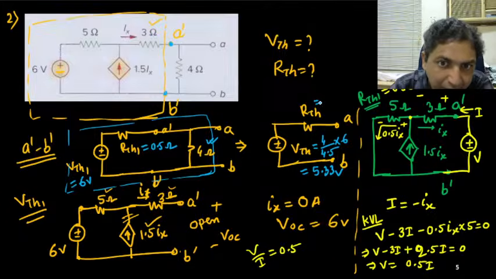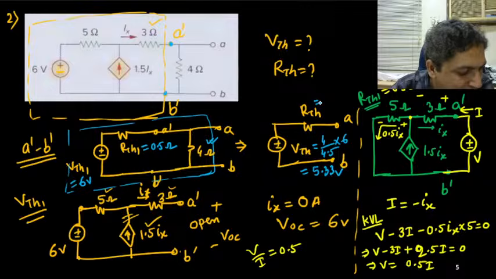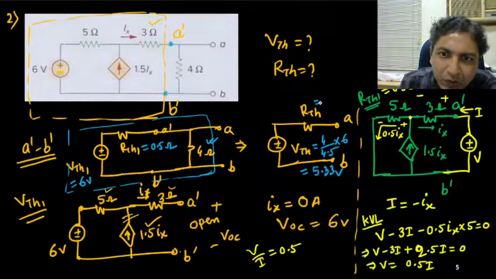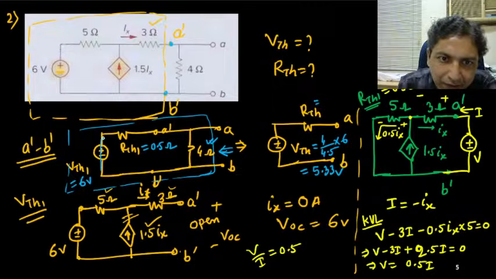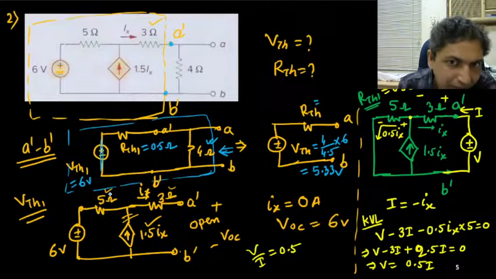No, RTH1 is 0.5 volt. Sorry, 0.5 ohm. Be careful. So RTH1 is 0.5 ohm. So you need to calculate the RTH looking from this terminal. That is the actual RTH. So if you short this end, then RTH1 and 4, these two will be connected in parallel.